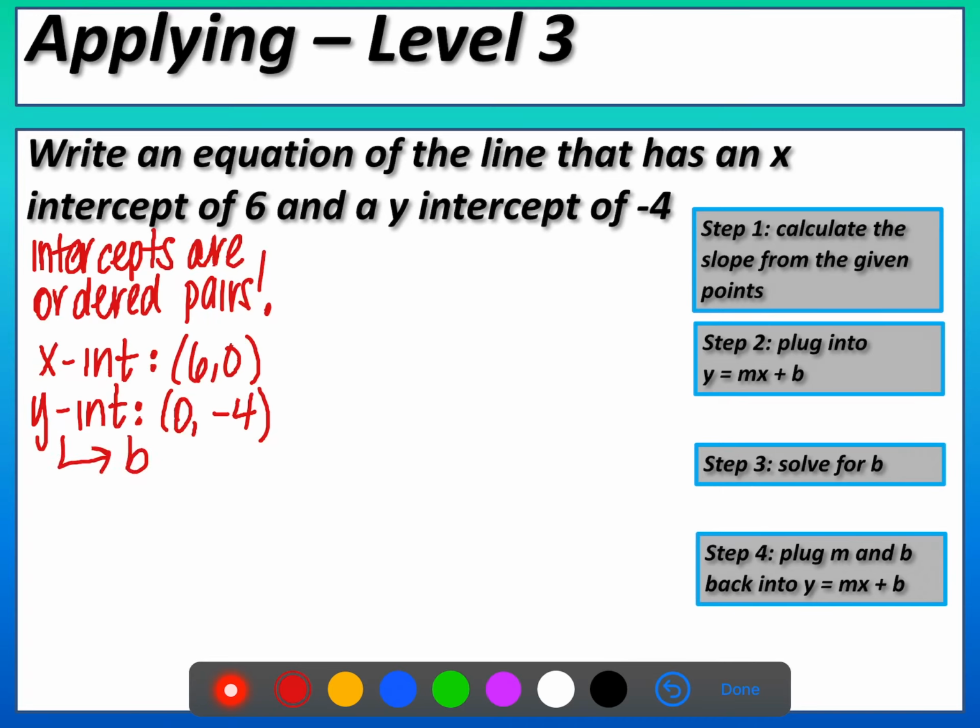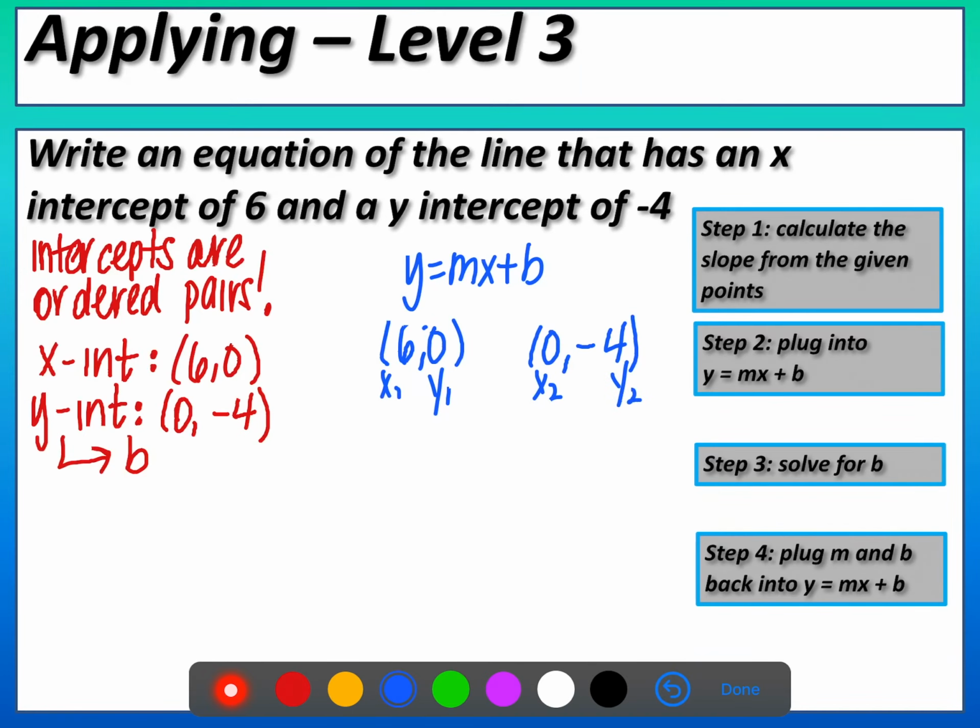Now the y-intercept also acts as our b value here. Okay, so what is the only thing that we're missing in slope-intercept form now? If I have the b, because that's the same thing as the y-intercept, I just need the slope. So I can use my intercepts, (6, 0) and (0, -4), as my x1, y1, x2, y2, and I can solve for my slope.